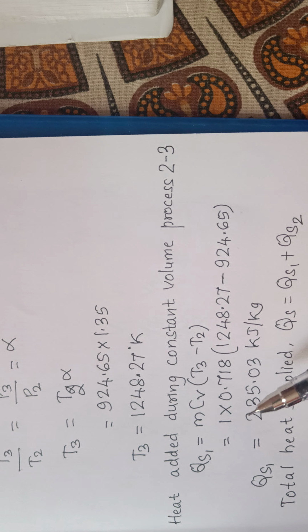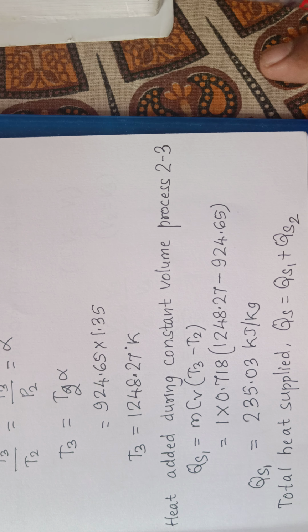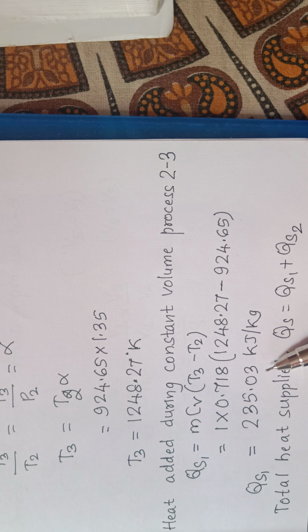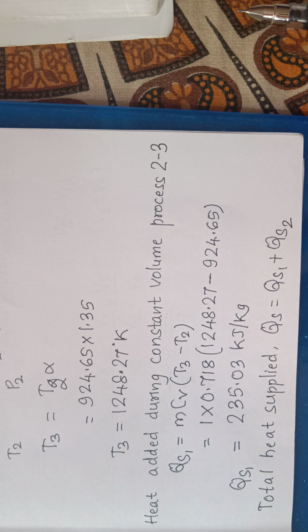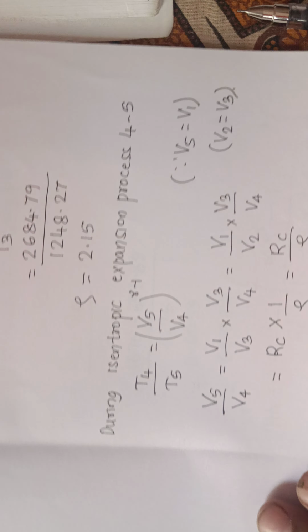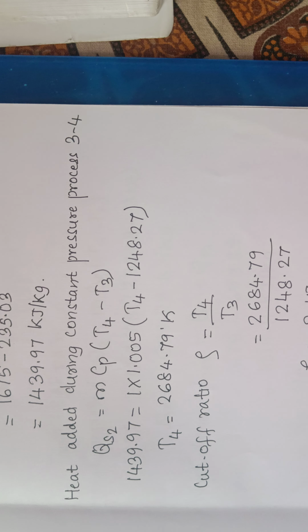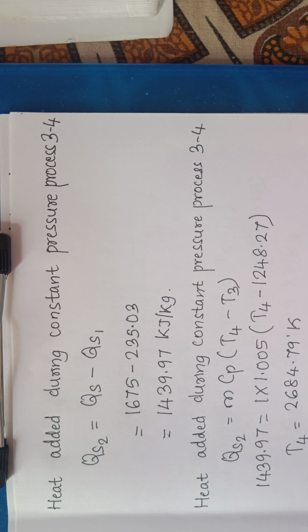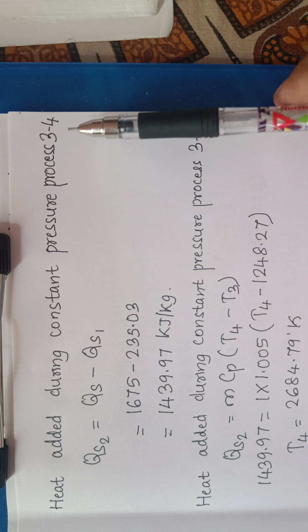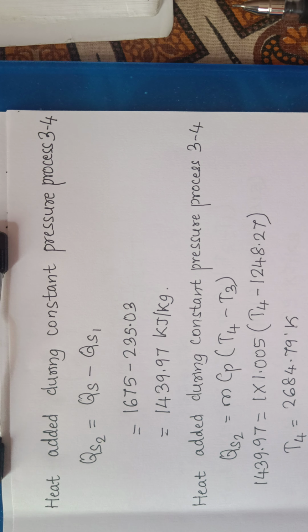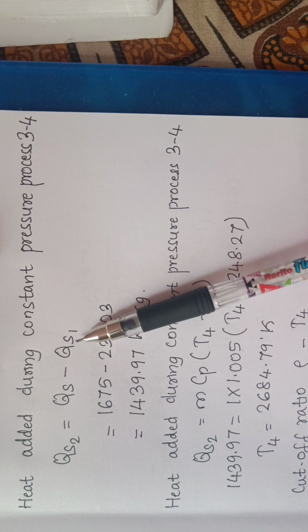Then found out the heat added at constant volume process 2 to 3 which is asked in the problem. Then I have calculated the value of QS2, that is heat added during constant pressure process, by subtracting the heat added during constant volume from the heat supplied given in the problem.